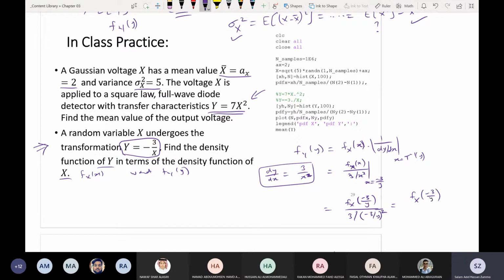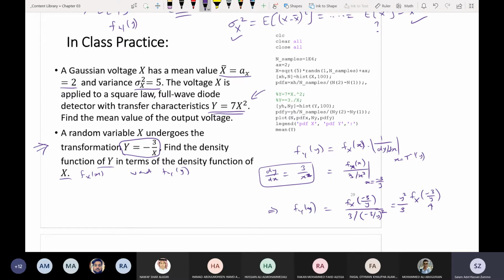Now we have y squared in the denominator, so that will be y squared here, and we'll have 3 over 9, which is 3. So this is the answer. If you know f_X of x, simply substitute x by minus 3 over y, multiply by y squared, and you will have your new PDF of y.